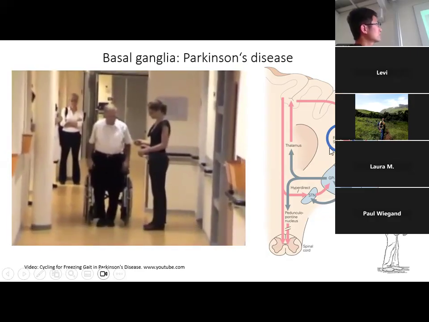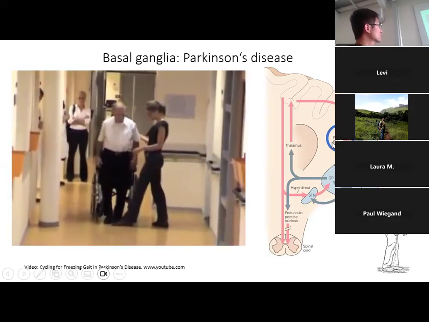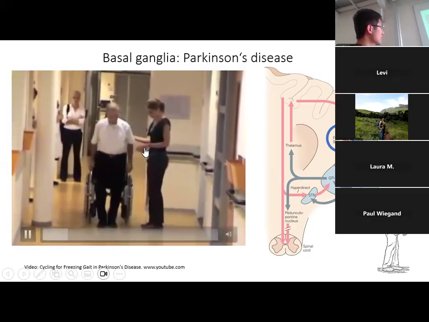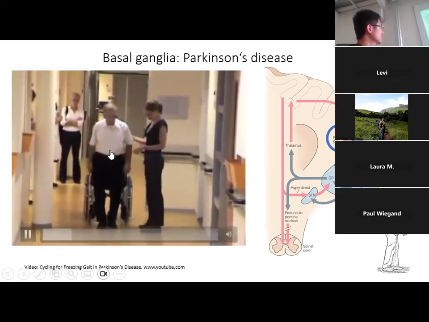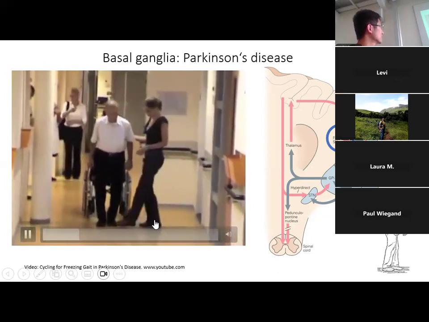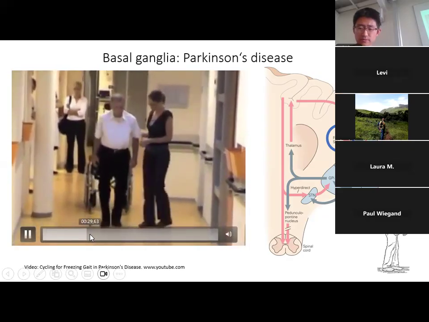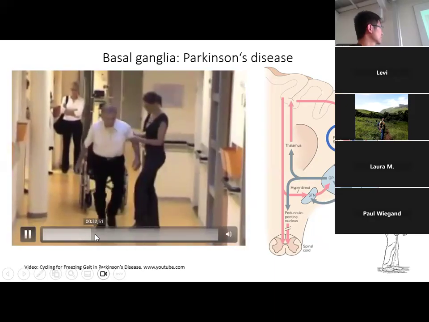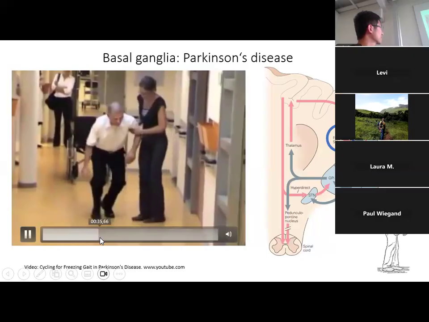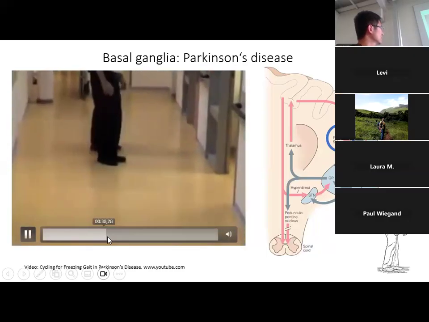The problem neurally is a degeneration of dopaminergic neurons in the substantia nigra, and you see it has a significant tremor in the limbs, and it is very hard for him to initiate a gait, only with the help of the clinician here. He really stumbles here, and finally he manages to do that.